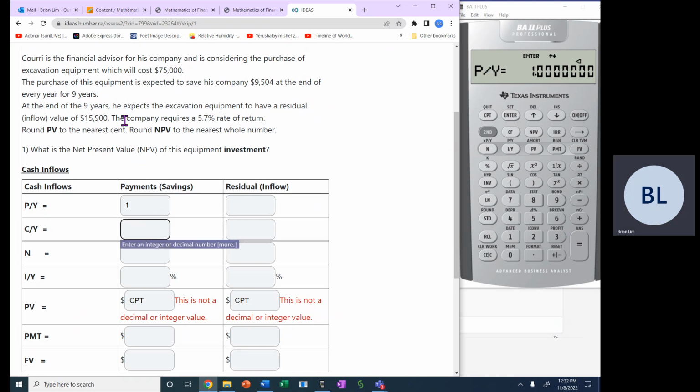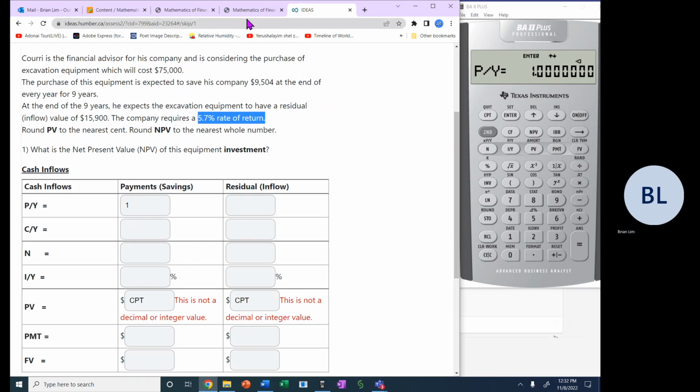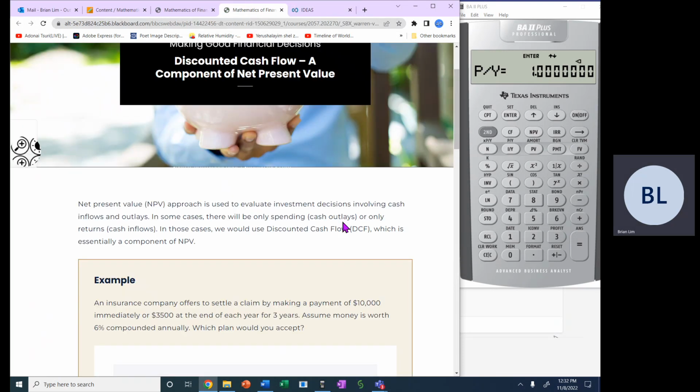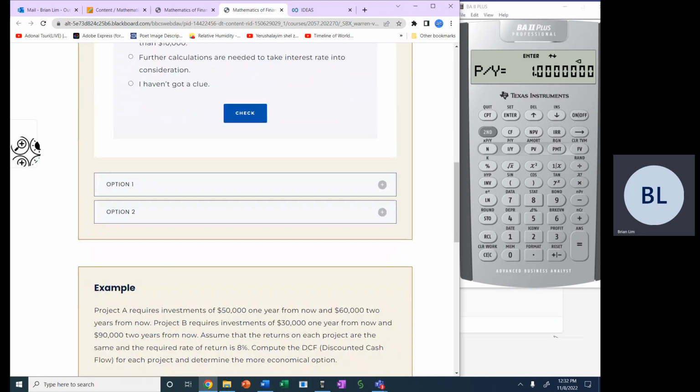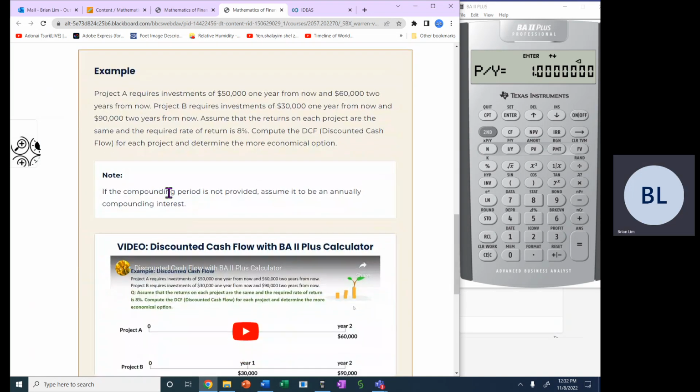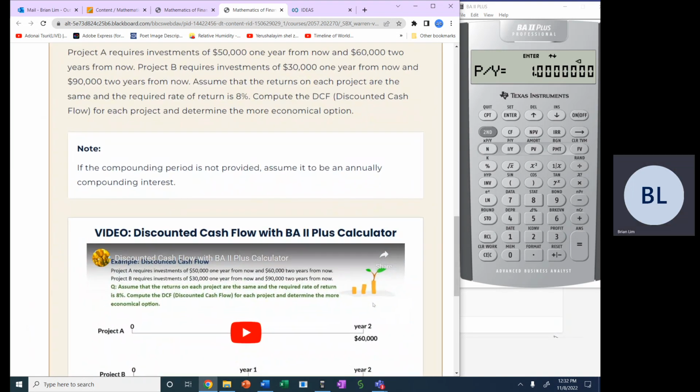All right, now this 5.7 rate of return, there is no compounding frequency mentioned. That is an example of where this statement will take precedence, meaning it will give us the information that's required.